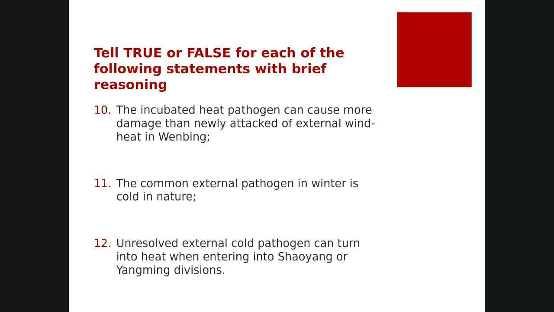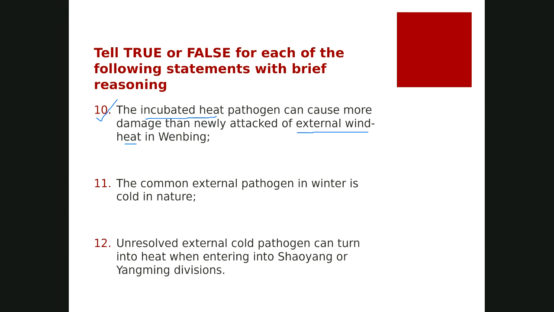Okay, next one. Number 10. The incubated heat pathogens can cause more damage than newly attacked external wind heat in Wenbing. This is correct, because this has much more vigorous heat than non-incubated wind heat externally in Wenbing, and is much easier to cause nutritive yin disorder or body injuries.